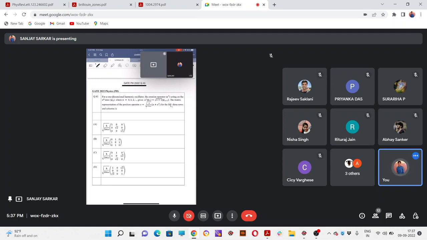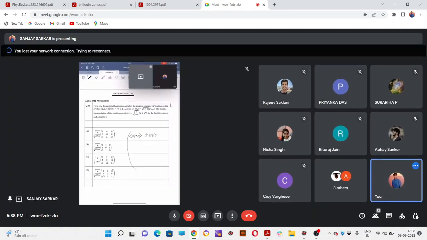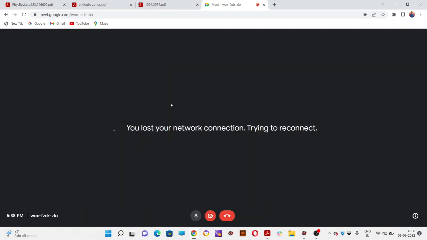Anyone solved it? You need to find the matrix representation of position operator like this. This matrix you have to find, and so on. So there will be 9 terms.